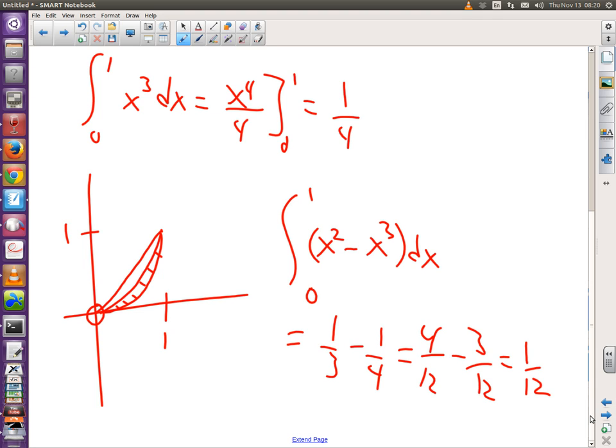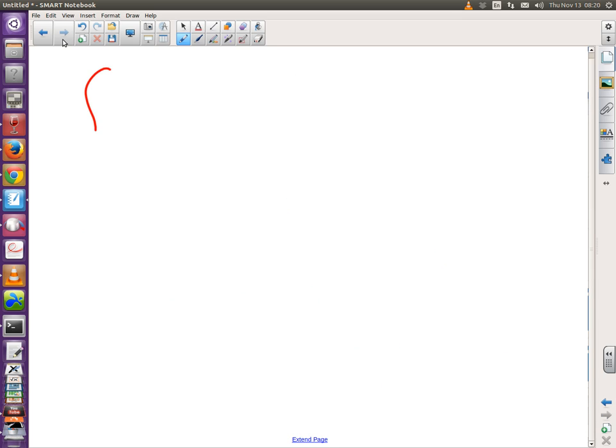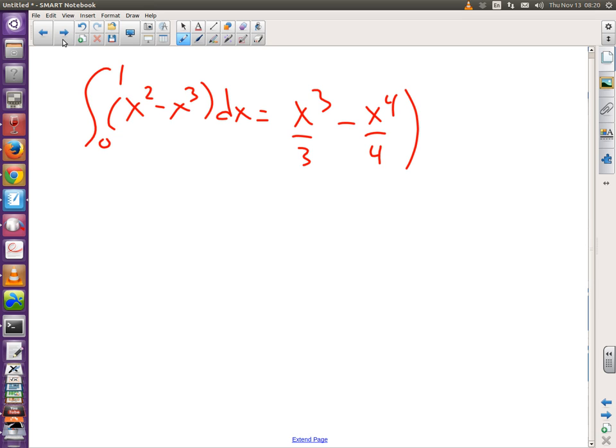Now, what if we did this the newfangled way? The antiderivative is x cubed over 3 minus x to the 4th over 4, evaluated from 0 to 1, which is 1/3 minus 1/4, or 1/12.